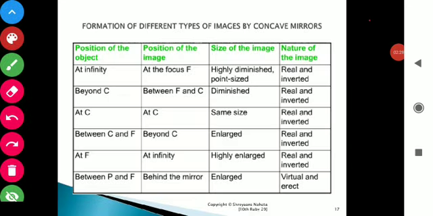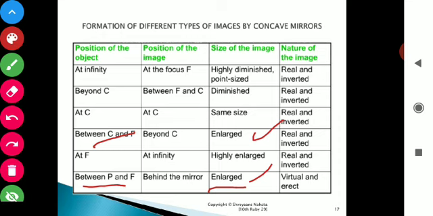As well, the sizes of the images are different in the different cases. So here you can see that in the sixth case, we have the enlarged image.